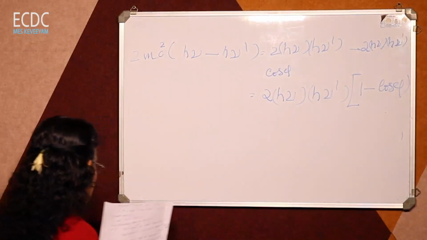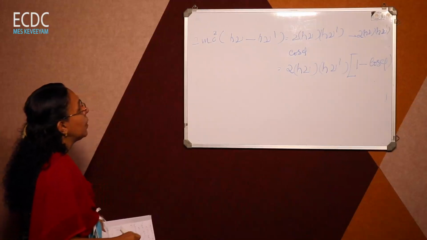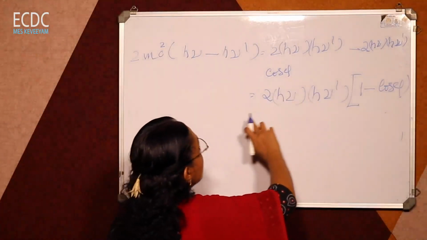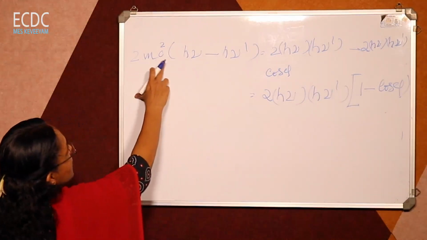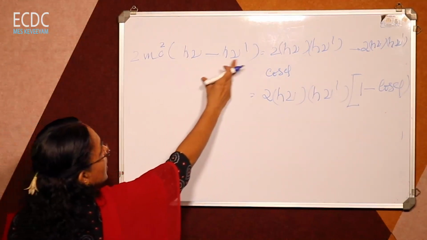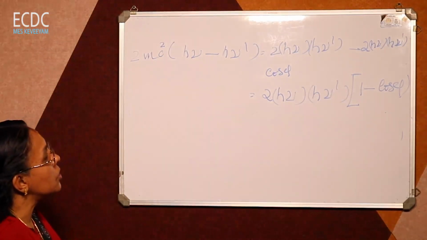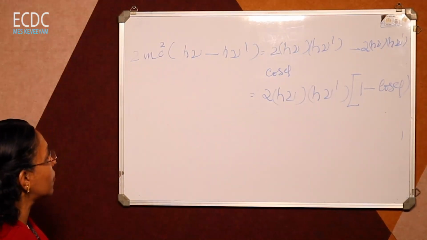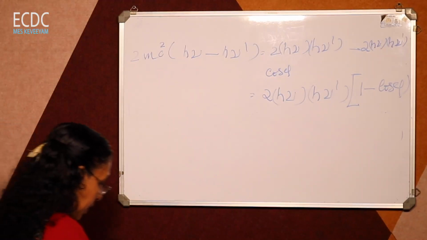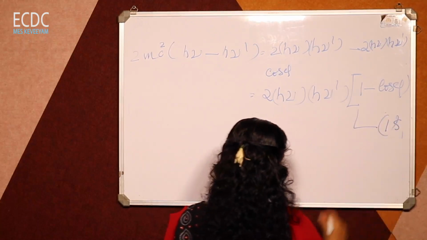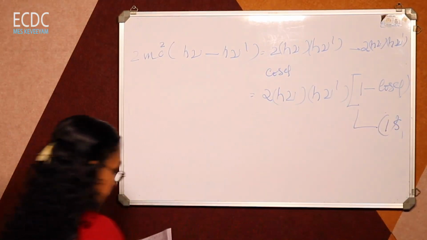So substituting equation 14 in equation 12 and rearranging all the terms, you will get 2mc squared (hν minus hν′) is equal to 2hν′ into (1 minus cos φ). We can write this as equation 15.